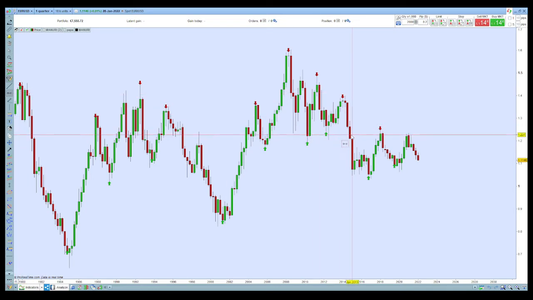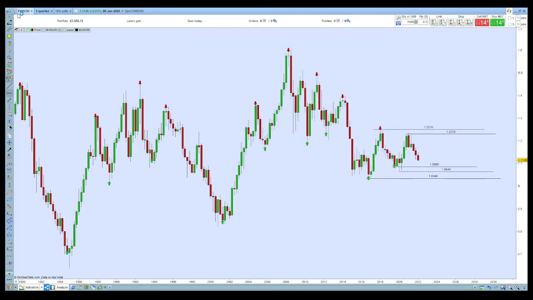Okay, so here resistance, here resistance, here support, here support, and here support.